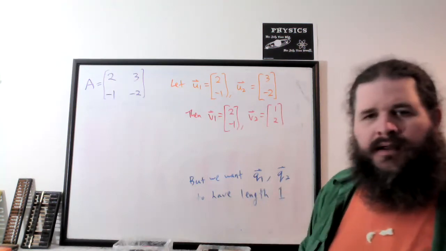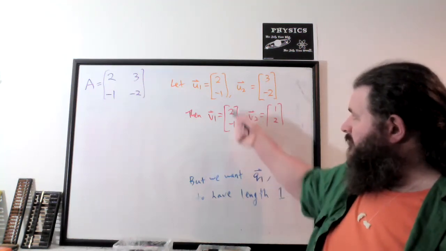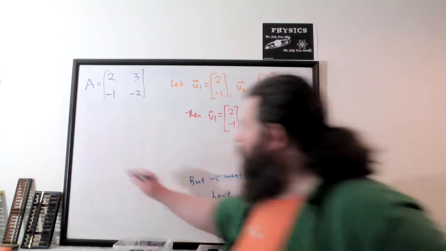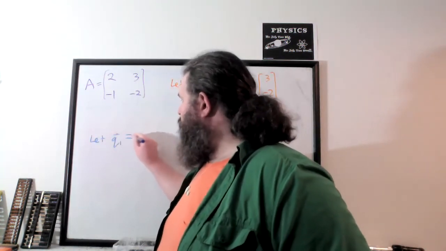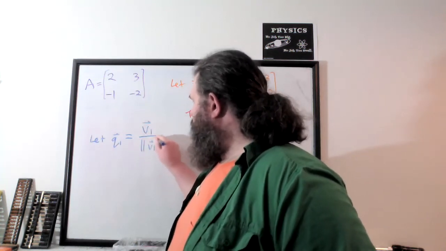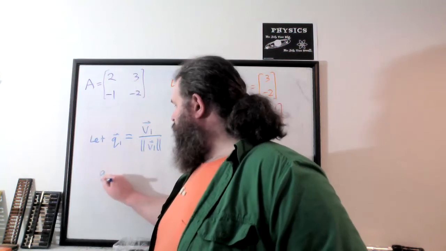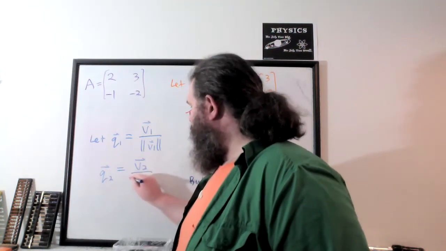Unit length. And yeah, the easy way to do that is to just take each vector's magnitude and divide the vector by its own magnitude. So we would say, let Q1 equal V1 divided by its own magnitude, and let Q2 equal vector V2 divided by its own magnitude.